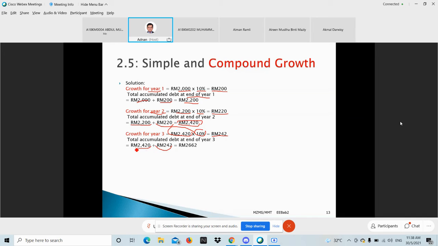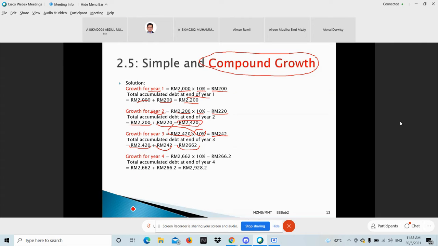Okay, plus dengan apa yang sudah ada pada hujung tahun kedua yang lepas, 2,420. So you need to pay 2,662. Okay, this is compound growth. Okay, macam bayar denda lah ni. Compound, compound. So the end of year 3, you ada 2,662.